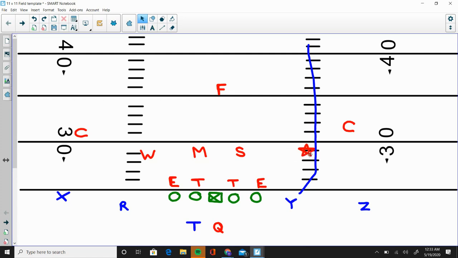He could work outside to collide and then carry on into the flats in a cover 3. He might be taught to wall this route up inside and kind of hand it off to the safety. He could be in man and follow him up the seam, but that's what the quarterback is gonna determine in his rhythm steps, in his drop.